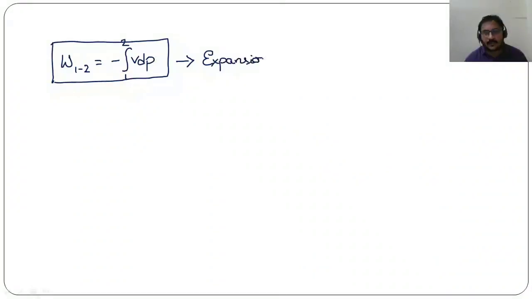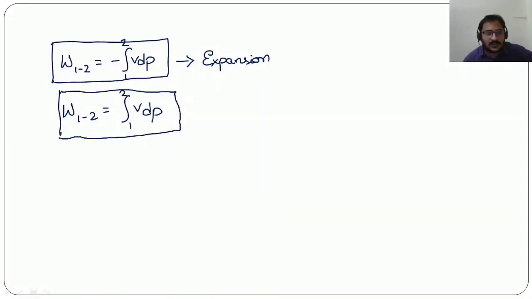When you take expansion you should put minus integral VdP. When you consider compression you should take integral VdP. So this is the formula for compression. These are for open system. This is for open system, the formula for work done.